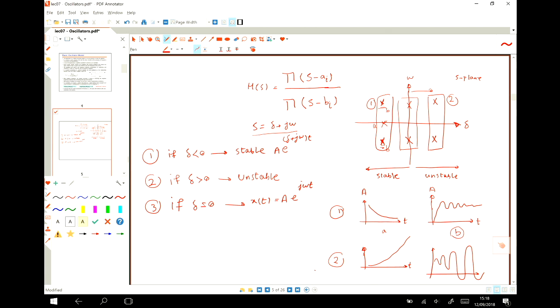Again, at the end of the day, we have an unstable system. So just put this as C, and this as D. So if the poles are at C and at D.